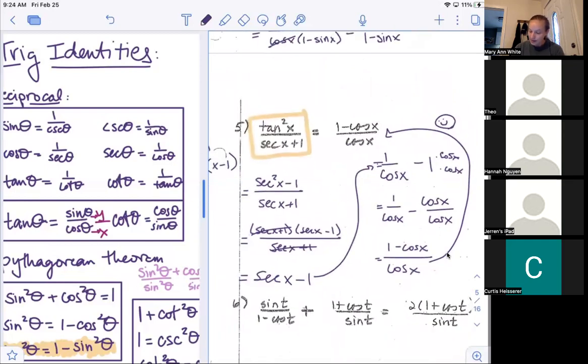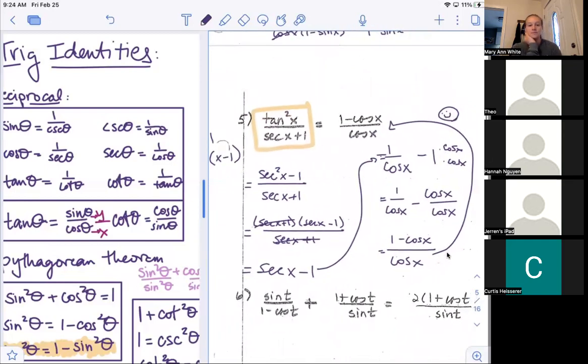I'll zoom out so you can see all of it. Our first step was we took tan squared and replaced it with secant squared x minus 1. We factored down that secant squared minus 1 to be secant x plus 1 and secant x minus 1, which let us cancel. What often happens is we get to this step and we're like, I don't really know what to do next.